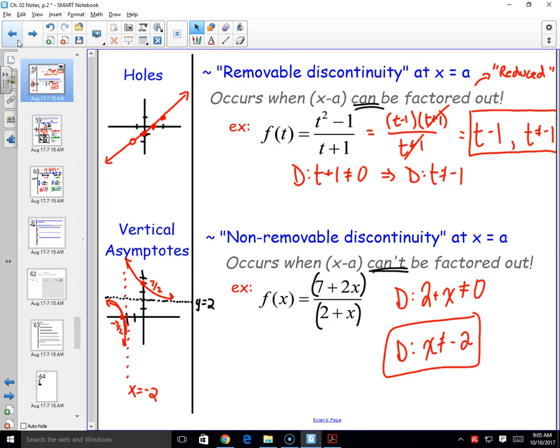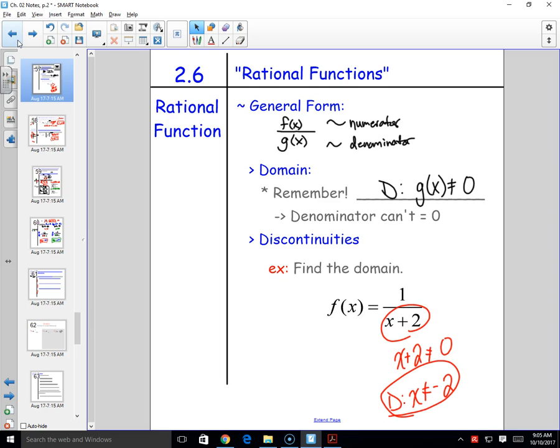What do we have to watch out for with fractional functions or rational functions? The denominator in general. You have to watch out for the denominator, because what's the denominator not allowed to equal? 0. So when we looked at this function, we said right away, domain, x cannot be -2. But then I asked you the question, well, what's going on at -2?